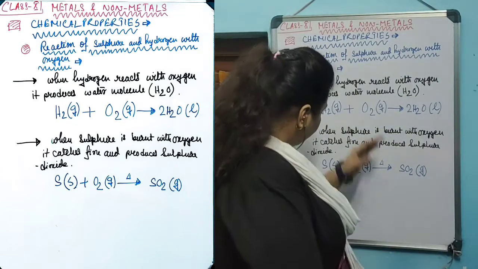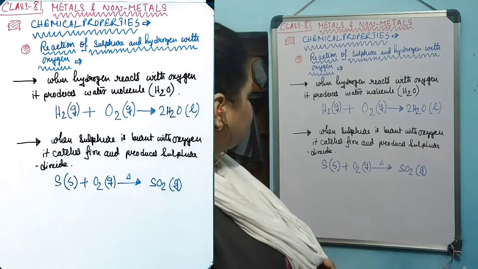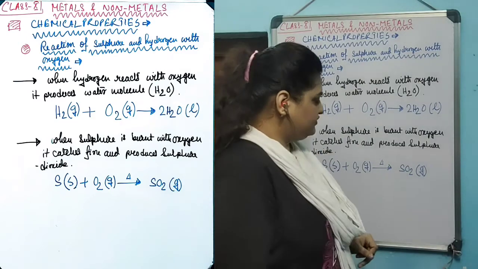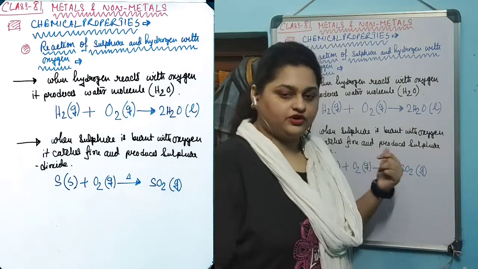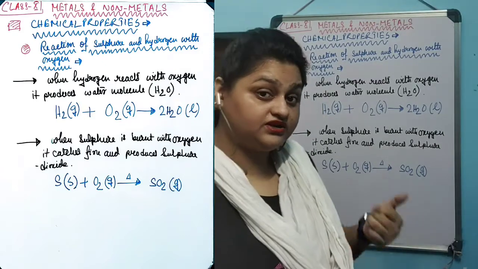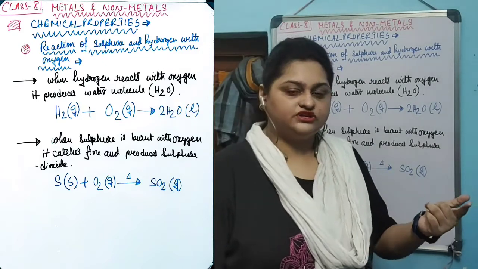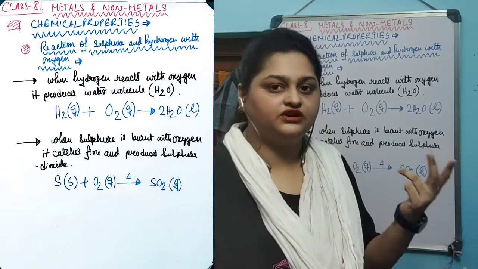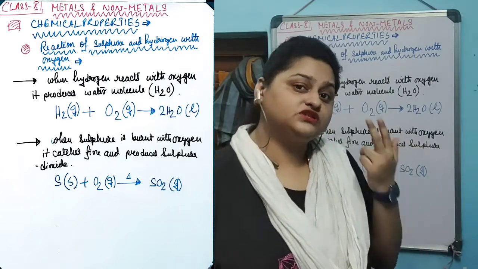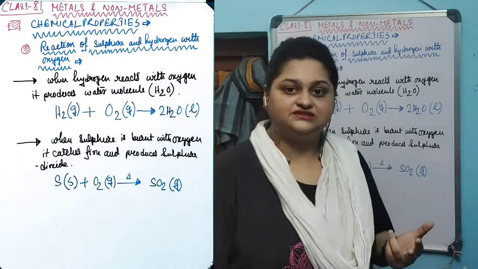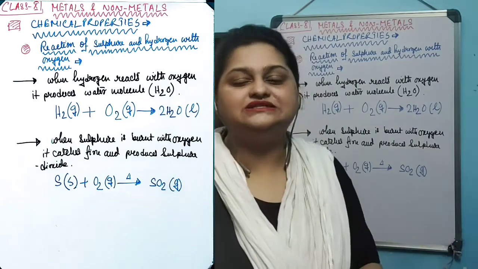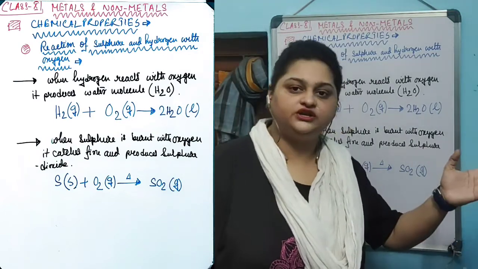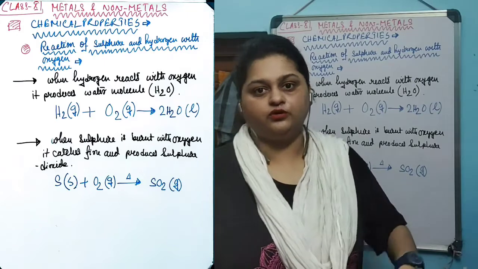Now, in all these examples of nonmetals reacting with oxygen, you can see that the nonmetals we have taken are carbon in solid form, hydrogen in gaseous form, and sulfur again in solid form. So the first property, the physical property that we had studied, is that nonmetals can be found in solid, gas or liquid form.